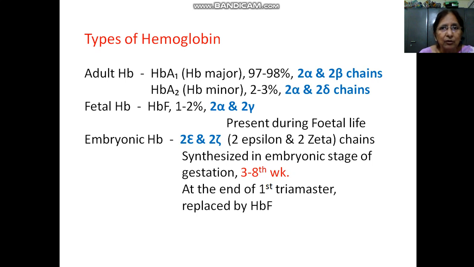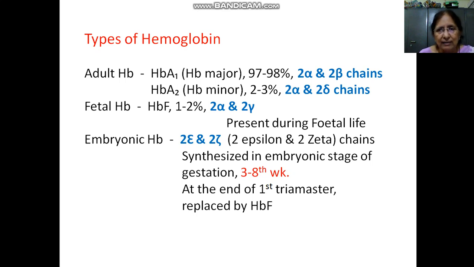Types of hemoglobin: there are different types, adult hemoglobin, fetal hemoglobin, and embryonic hemoglobin. Adult hemoglobin is of two types, HbA1 and HbA2. HbA1 is the major type, making up 97 to 98% in adults, and has 2 alpha and 2 beta chains.